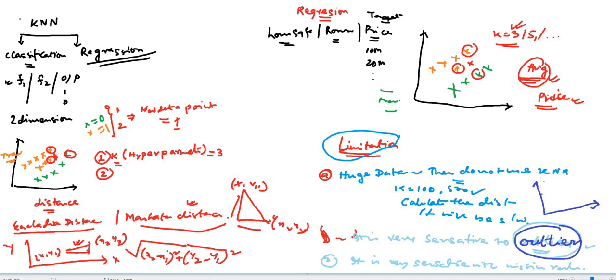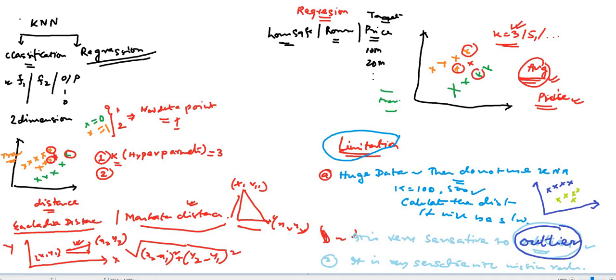Let's consider we have some data points like this, and we have some data points here, like this.